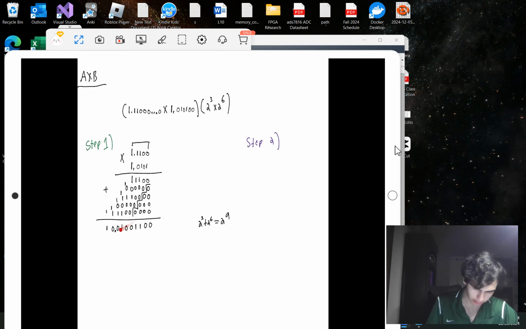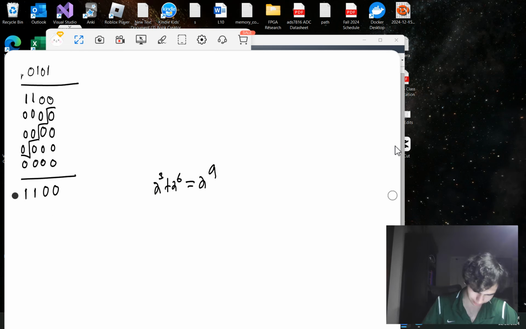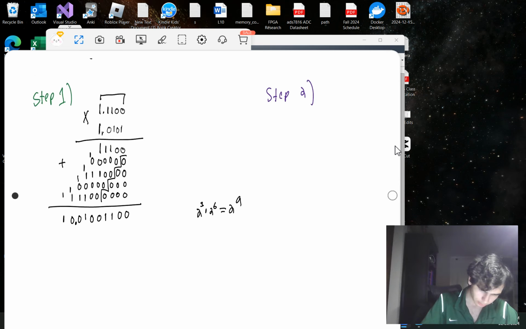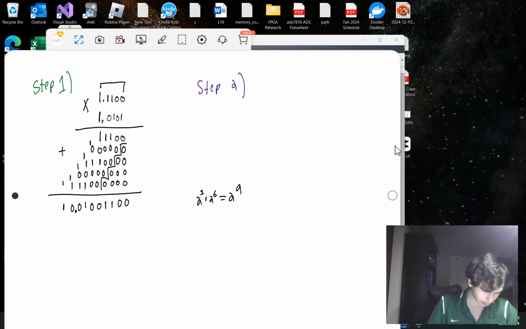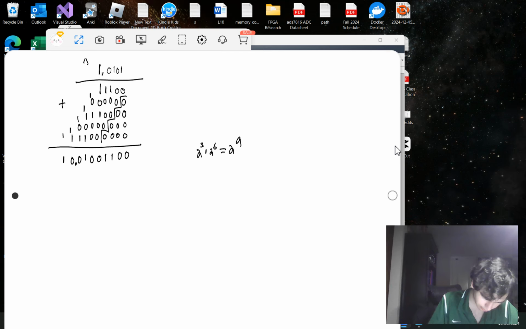We multiply these 2 to get this, and we multiply these 2 to get this. So step 1 was to multiply. Step 2 was to add the exponents. And when we do that, we get this.